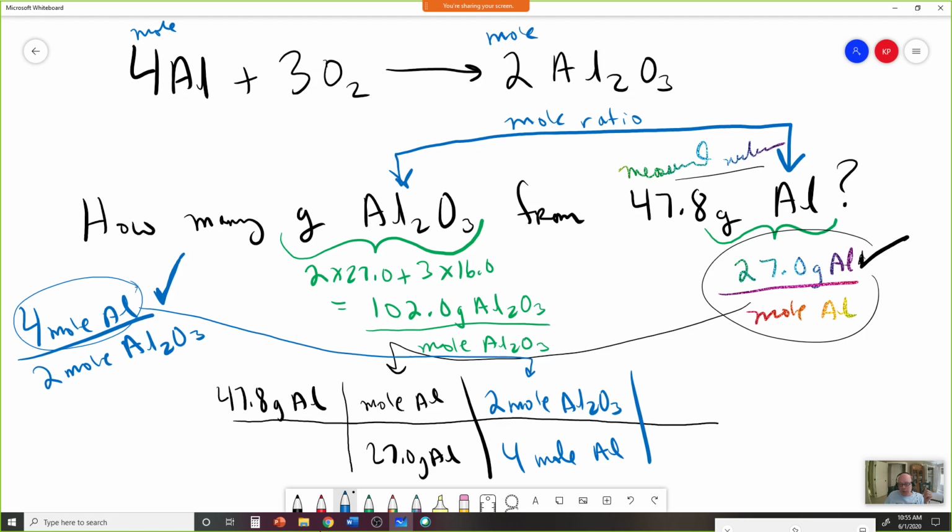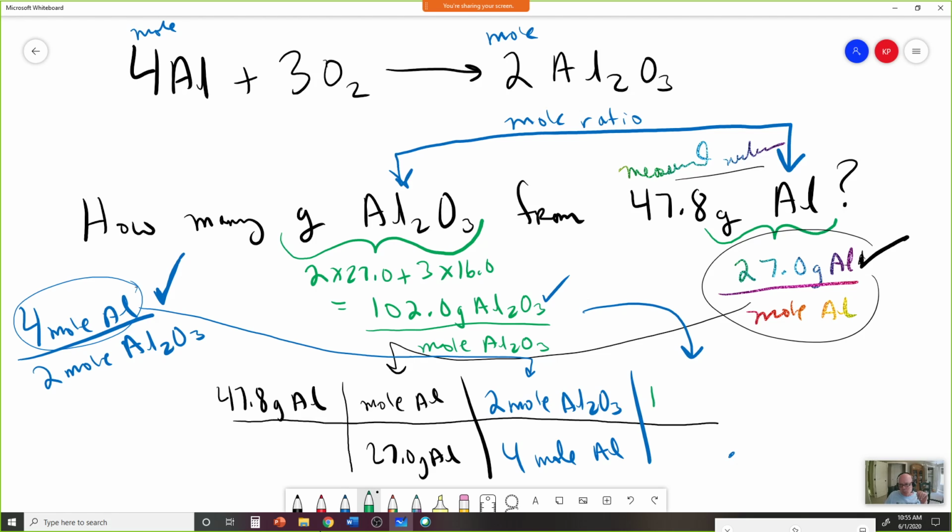Now I look here and I see moles aluminum oxide. That needs to go over here, because it's all about matching and canceling. I see moles aluminum oxide, and it's already on the bottom, so I can use it like it is.